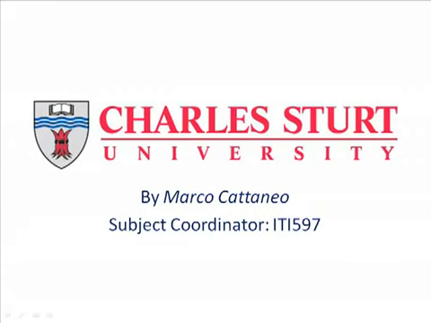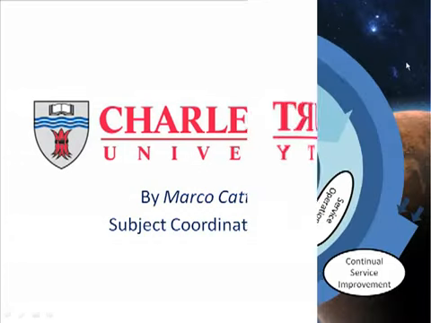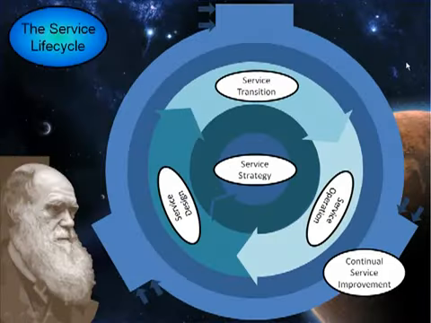What are we going to do? We're going to look at the value of the service operation volume. By now, this model should look extremely familiar to you, the service lifecycle model. We started in service strategy, which is all about setting the direction for IT in the business. We created a blueprint of our new or changed service within service design.